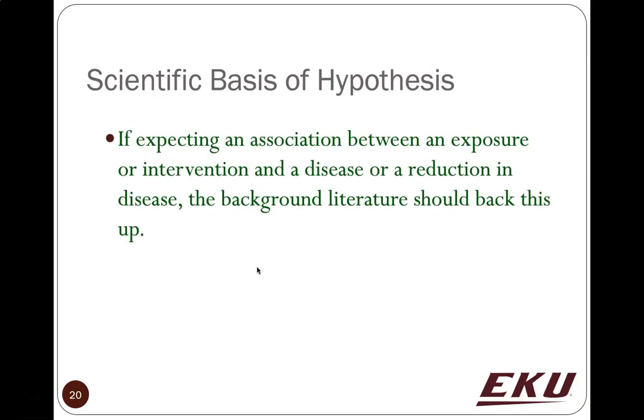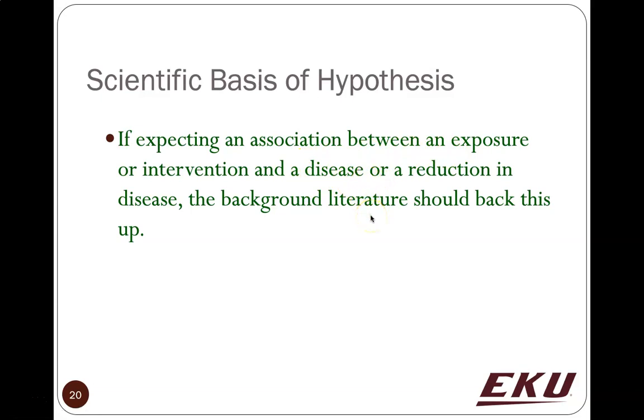The scientific basis of the hypothesis would be something that would be able to back up what the author or the investigator thinks will happen. If they're expecting an association between exposure or an intervention and a disease or the reduction of that disease, the background literature should back it up.